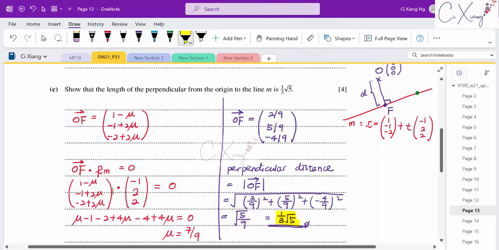Therefore, when you apply dot product to them, it is equal to 0. From here, you get the unknown. Substitute the unknown back into the position vector equation. You'll get the vector, and then you can use it to find the perpendicular distance, which is the length of the vector itself. So this is a suggestion for how we find the perpendicular length from a certain point to the line in vector form. Okay, so this is how we solve this question.